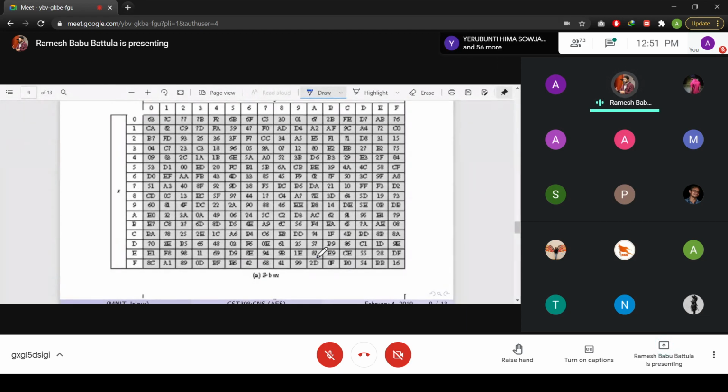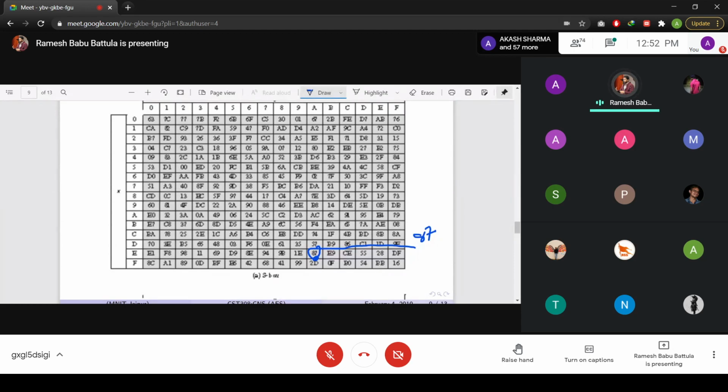A. This is the E row and the A column. What is the value here? This value is 87. So we are substituting this value.